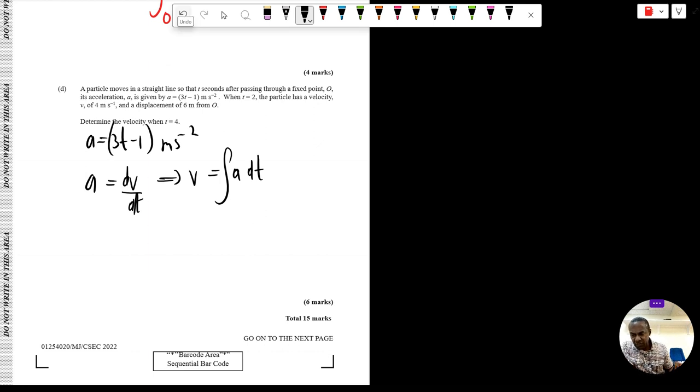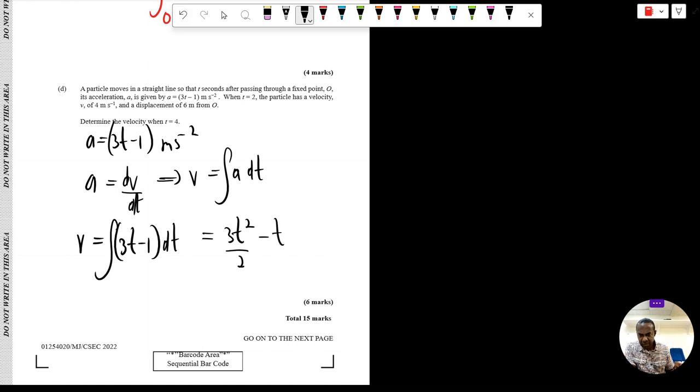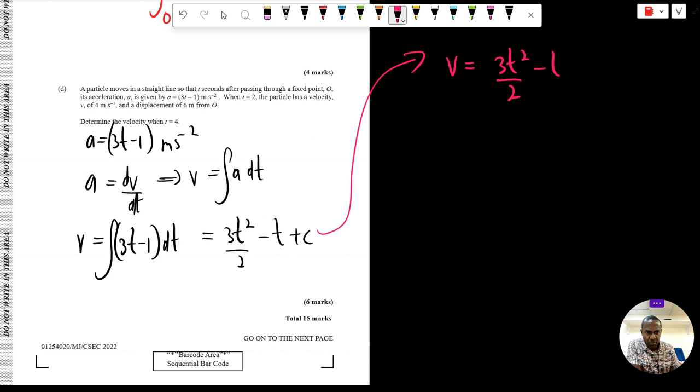So therefore, we can say that the velocity v is equal to the integral of 3t minus 1 dt, because of course that is the expression for the acceleration. And so this gives us 3t squared over 2 minus t plus our integration constant c, right? So our velocity v is given by 3t squared over 2 minus t plus c.